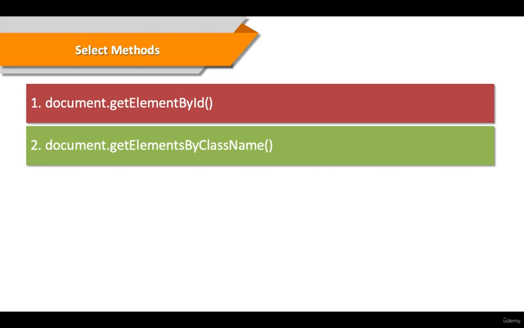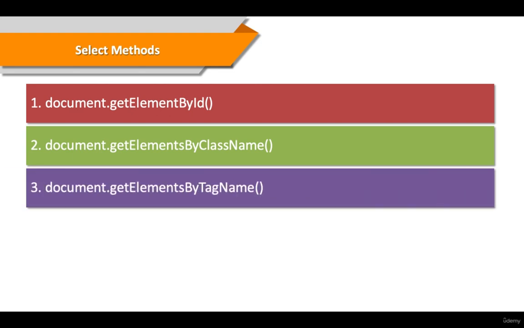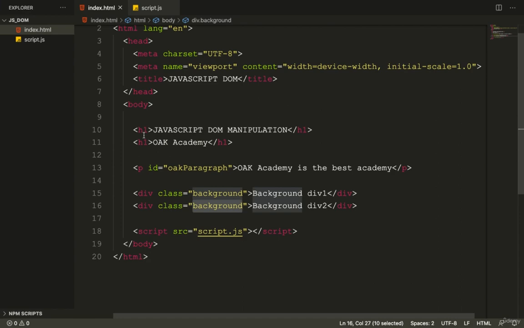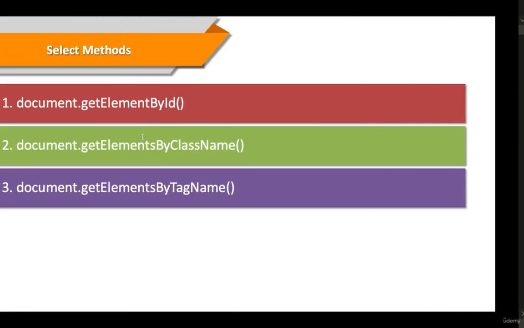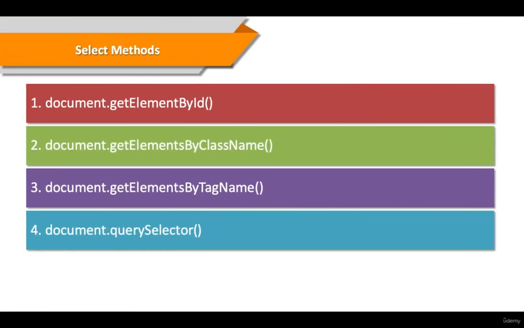That makes sense, right? All right, so the next method is document.getElementsByTagName. And of course, this one is pretty self-explanatory as well. It works just like the getElementById or getElementsByClassName, except it returns a list of elements that match a given tag name, like div or h1. All right, so our next method is document.querySelector.